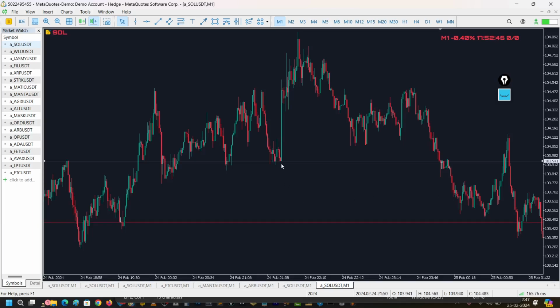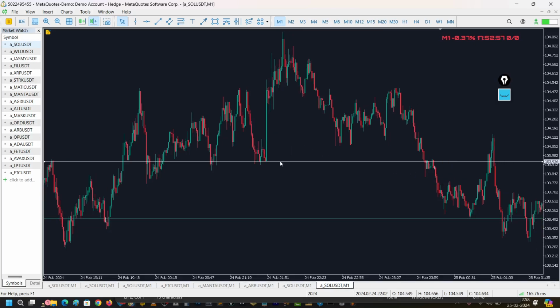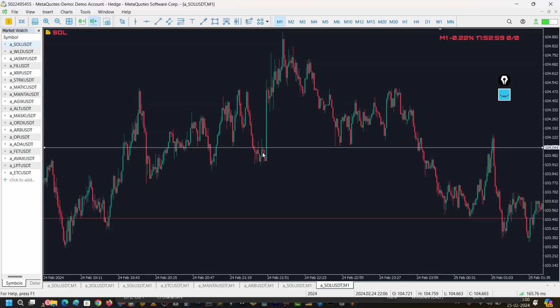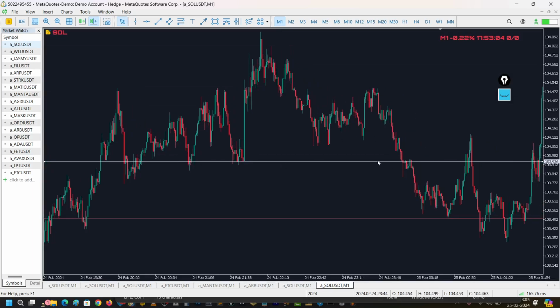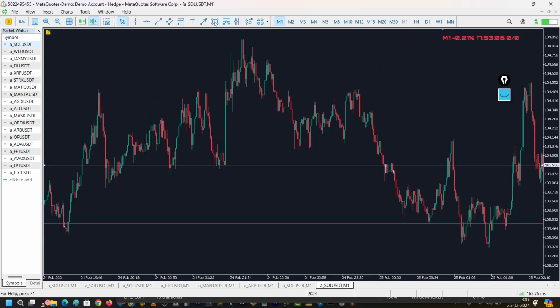Some people call it CB1, some people call it change of character or break of structure. There are many names. Whatever, you just know that this is an area where the last swing point is broken out. Okay, once it's broken out, then we have to see what's going on.